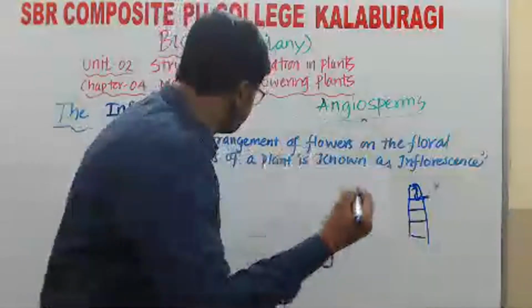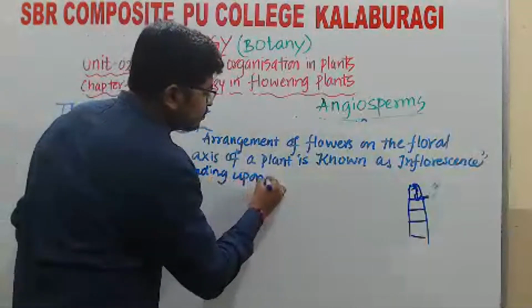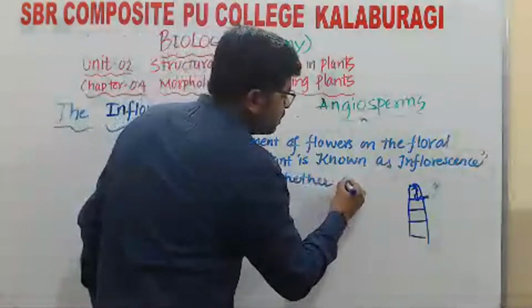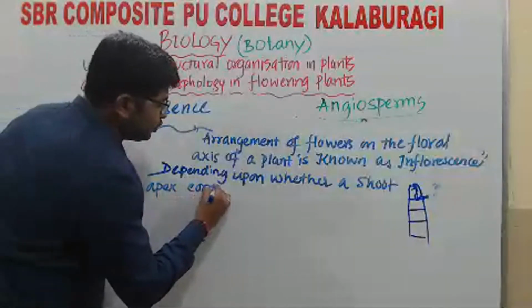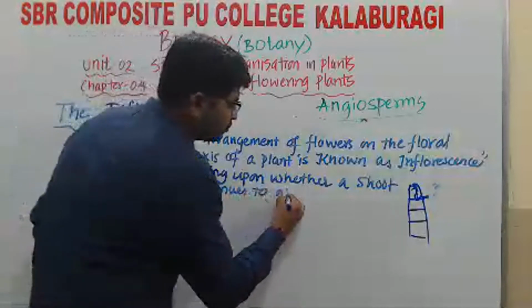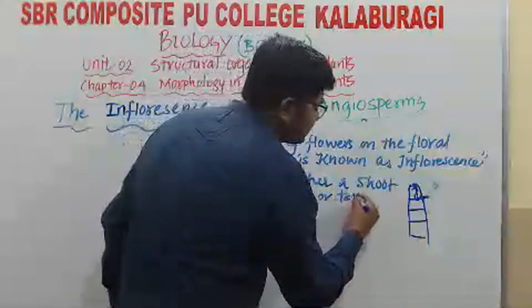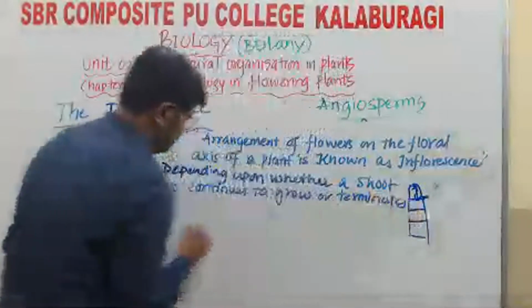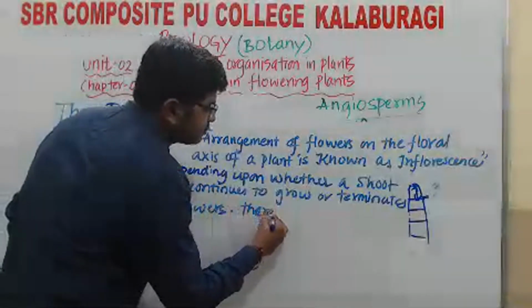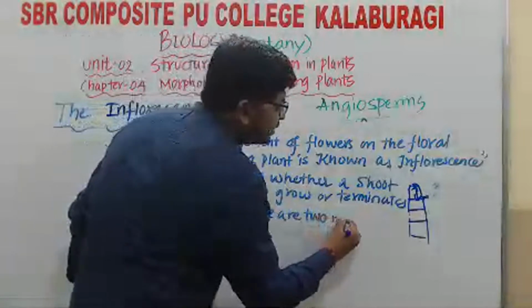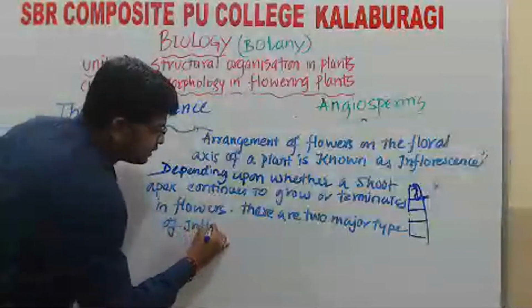Now, depending upon whether a shoot apex continues to grow or terminates into a flower, there are two major types of inflorescence.